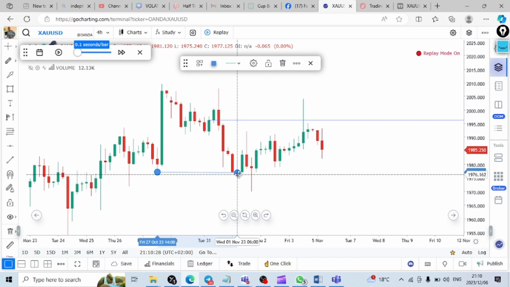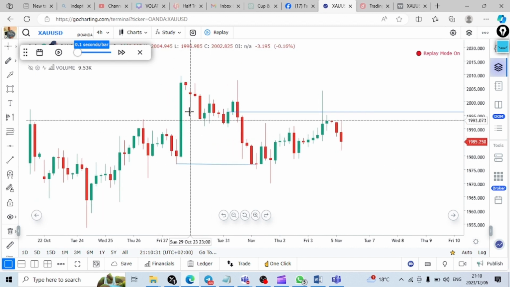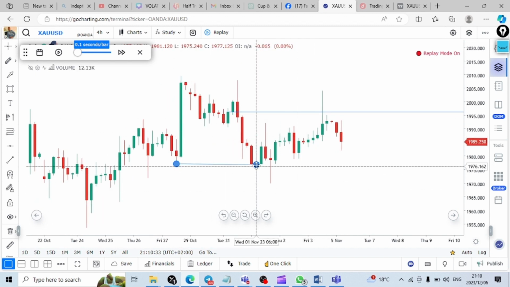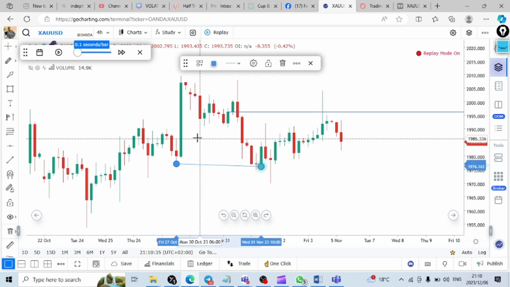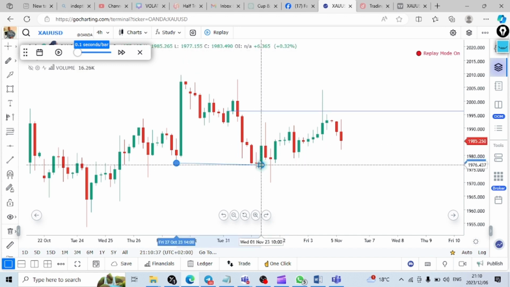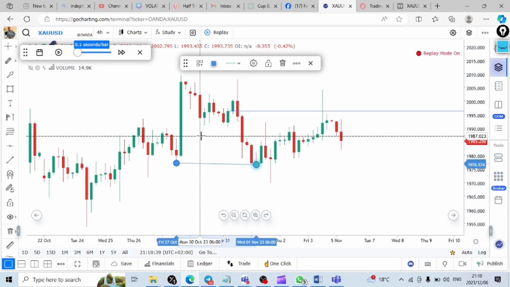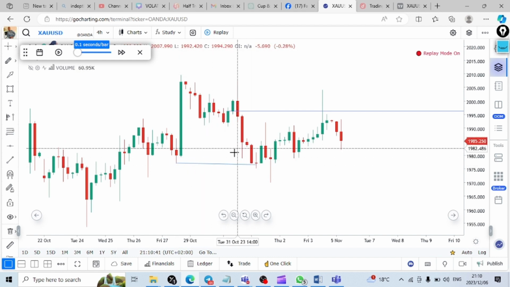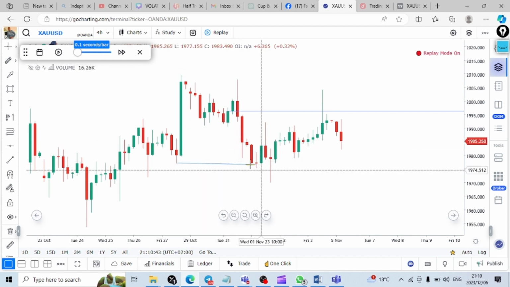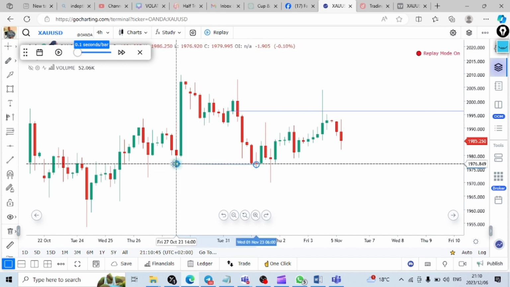That's one thing that we can see. So there was a change of character. If you move to a lower time frame, you would see that there will be a change of character here. Price was able to close below this low.